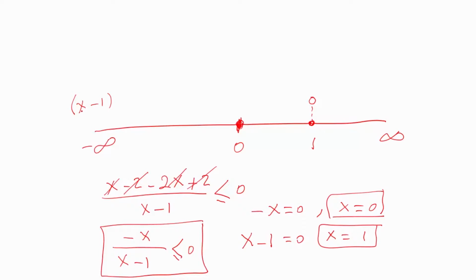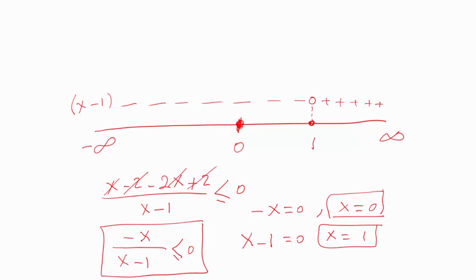If x is 0, 0 minus 1 is minus 1, so it would be negative. Anything to the left would be negative. Any value greater than 1 for x would make this term positive, such as x of 10, let's say. 10 minus 1 is 9. 9 is a positive number, so you put plus to the right of this 0.